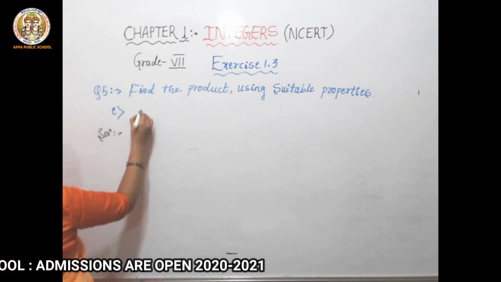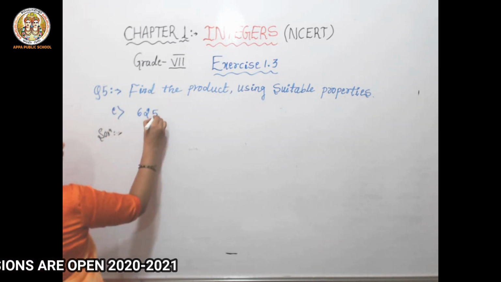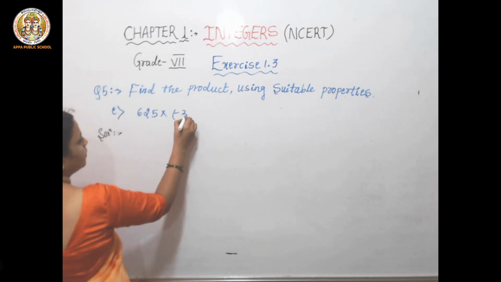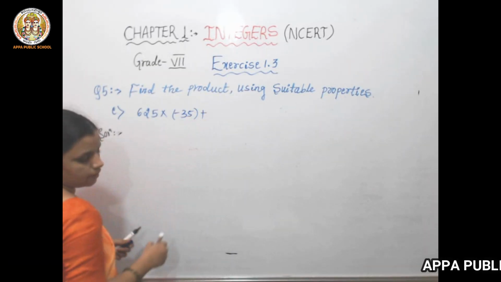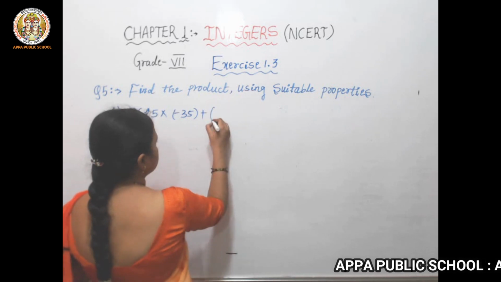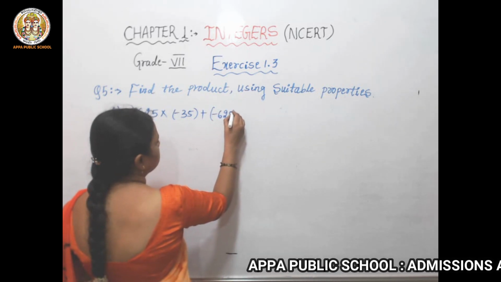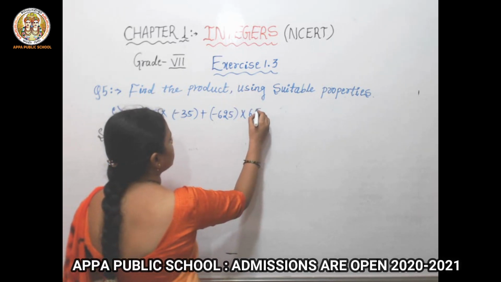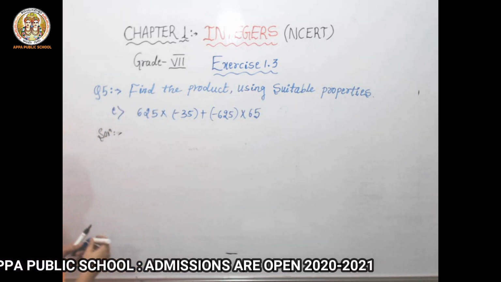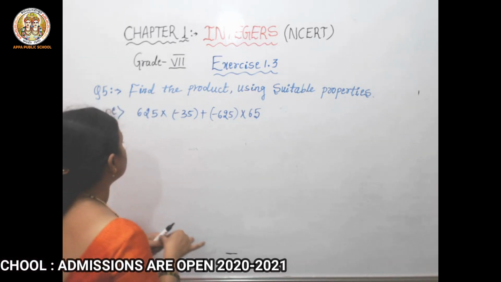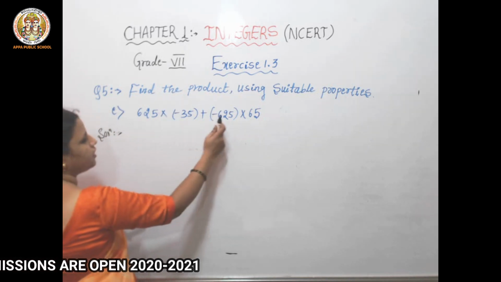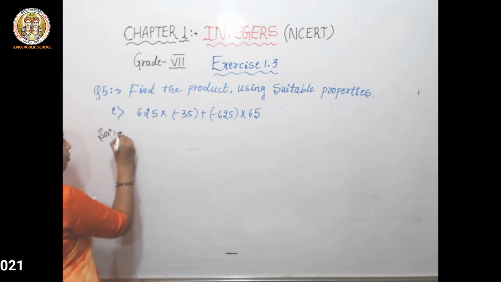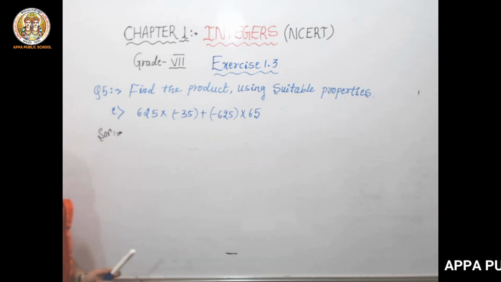So the E question asks 625 into minus 35 plus minus 625 into 65. See here. Here also we have 625 as common. Now, if there are common elements, which property do you have to use?